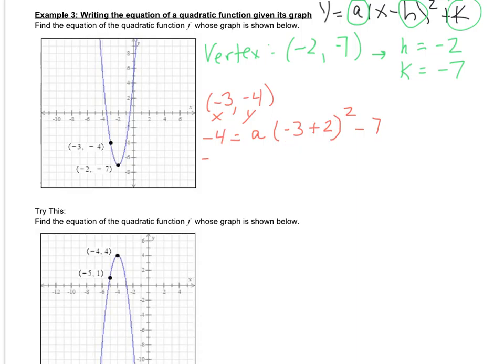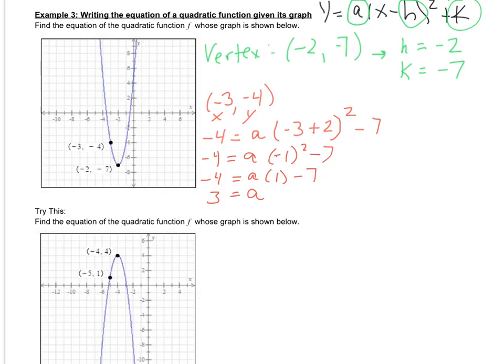So I have -4 equal to a times -1 squared minus 7. Squaring the -1, I get -4 equal to a times 1 minus 7. And a times 1 is just a, so I can add the 7 to the other side, giving me 3 equal to a.